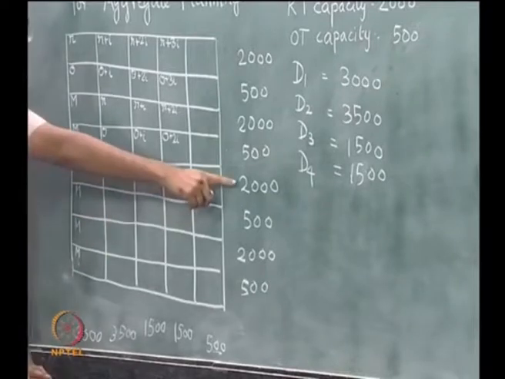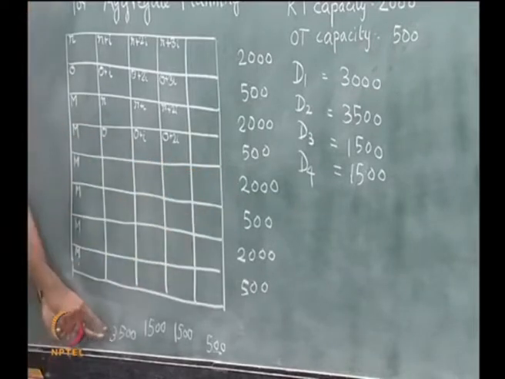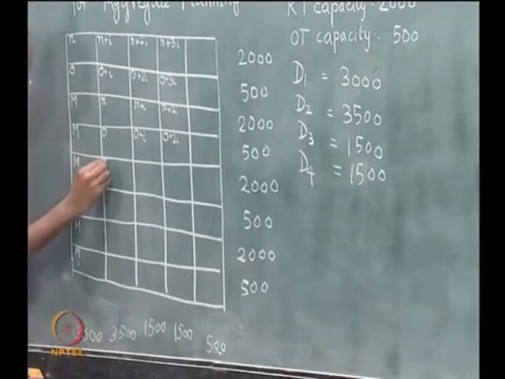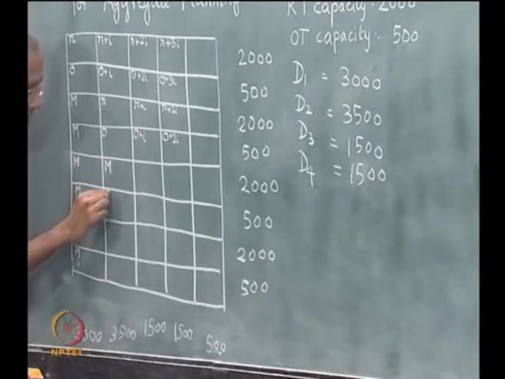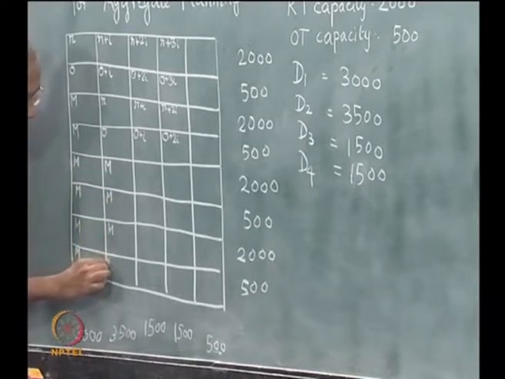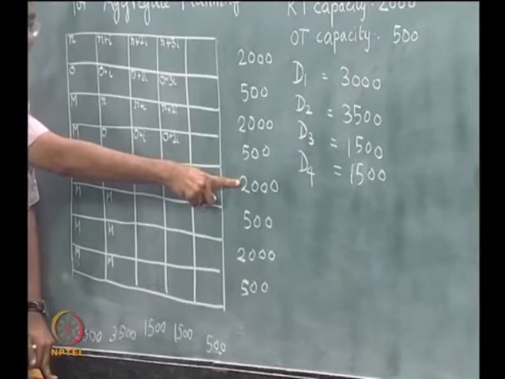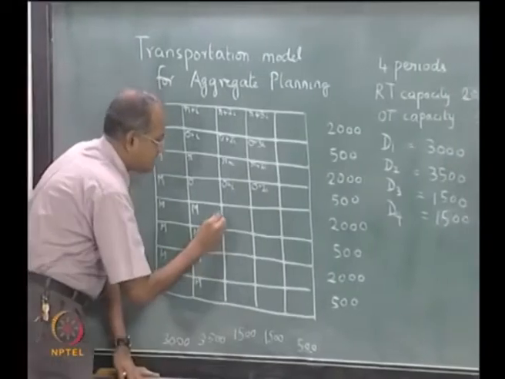Now, from the third month's capacity, I cannot meet the second month's demand, because I am assuming right now that back ordering is not allowed. Therefore, all these will become big M. Now, I am using the third month's capacity to meet the third month's demand.